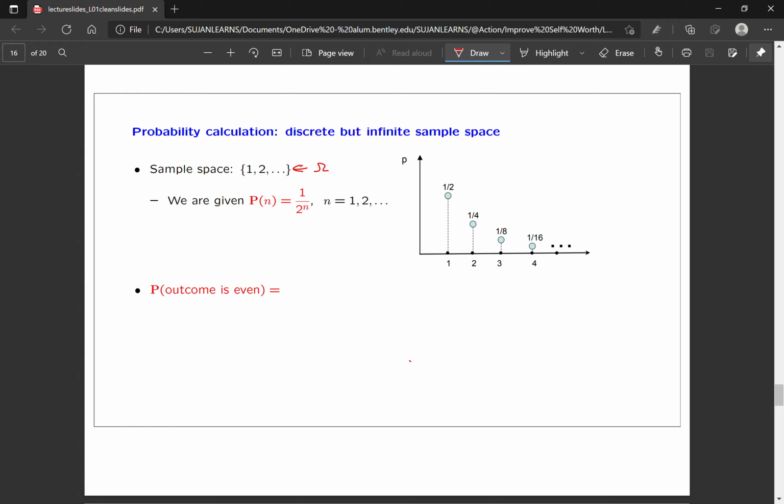We'll say that the probability for one single subset of this set is 1 by 2 power n, where n is an entry in this set, in the sample space.